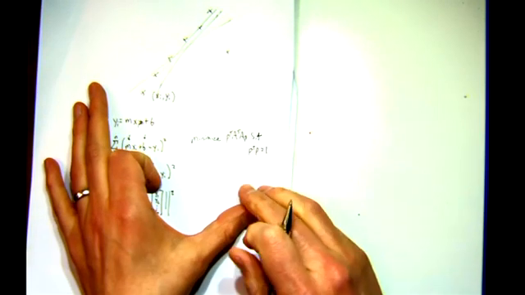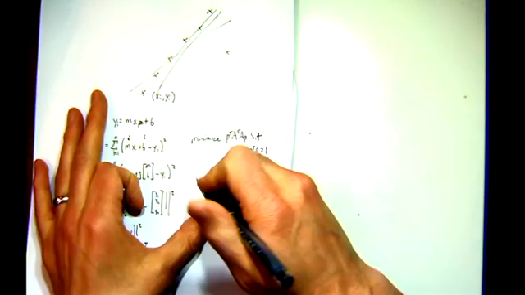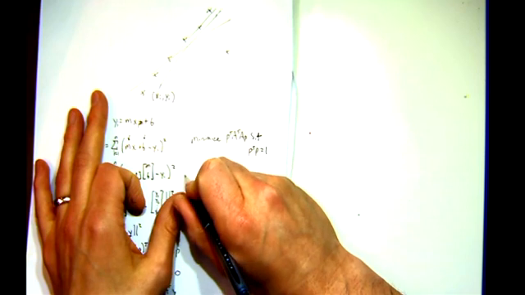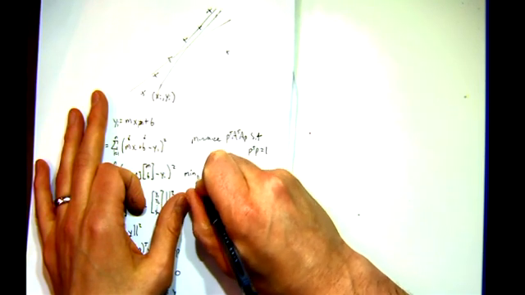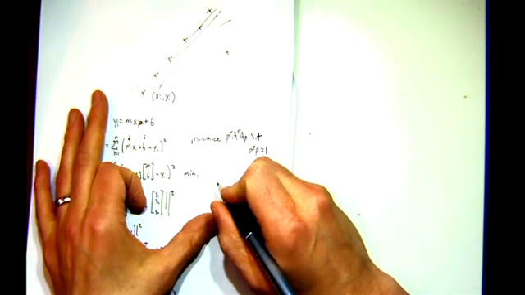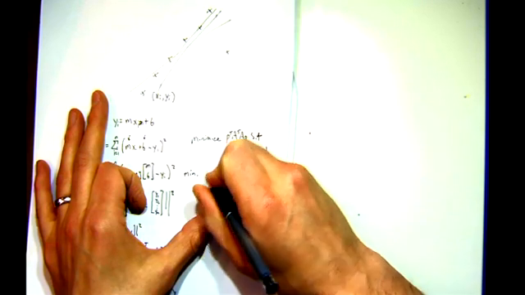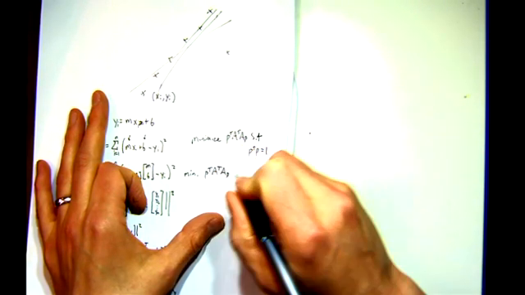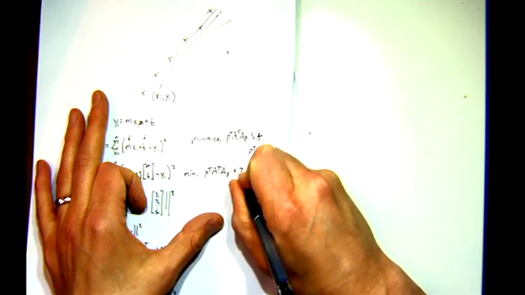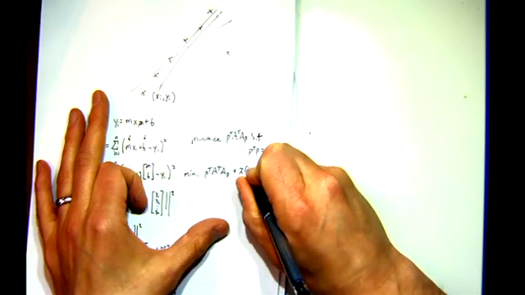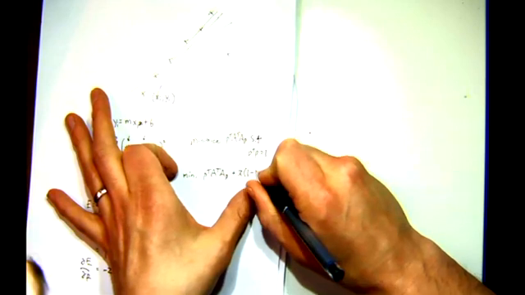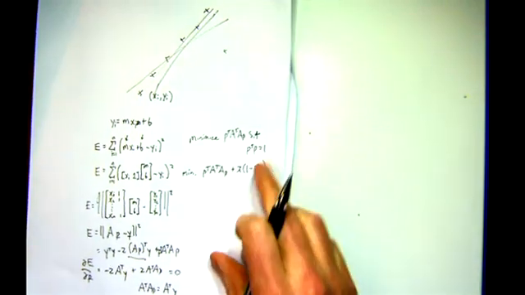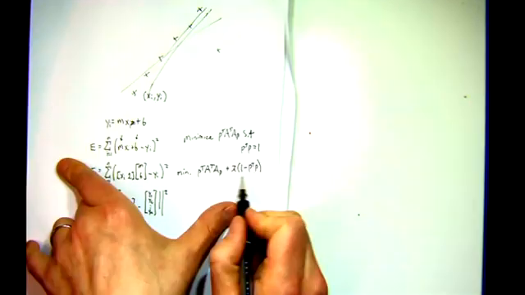So I can write that as minimize p transpose A transpose A p plus lambda times 1 minus p transpose p. Now I can do that because I've said that p transpose p equals 1, so this is just 0 for any lambda.